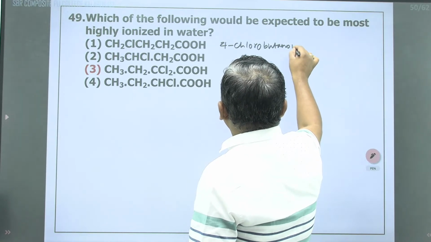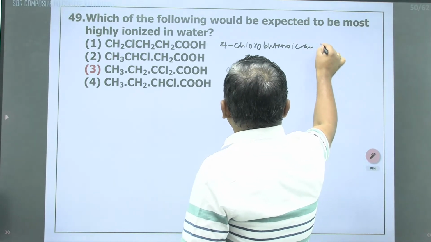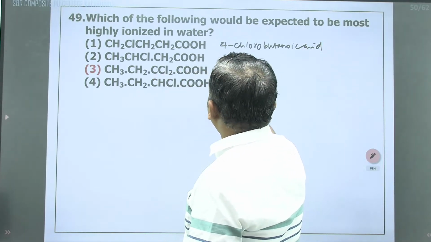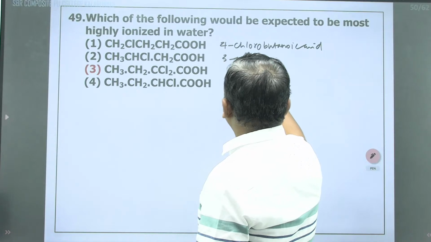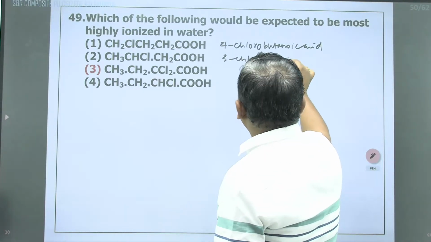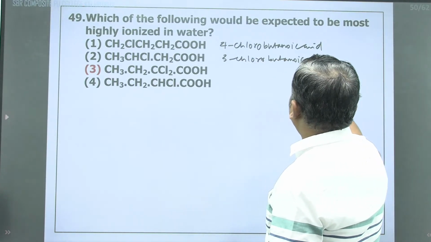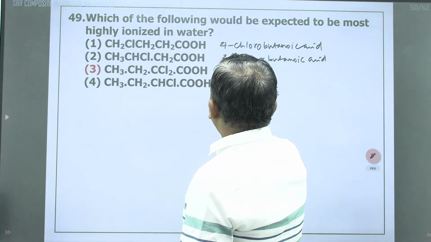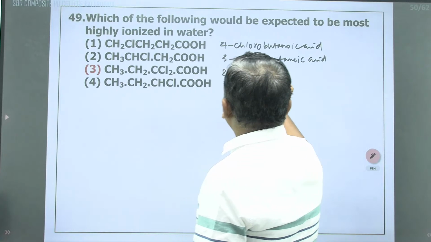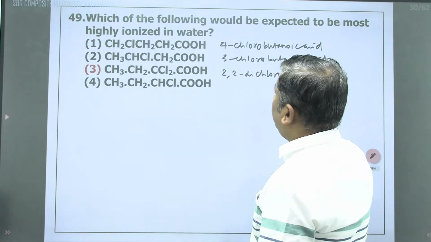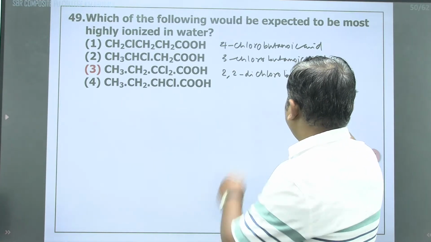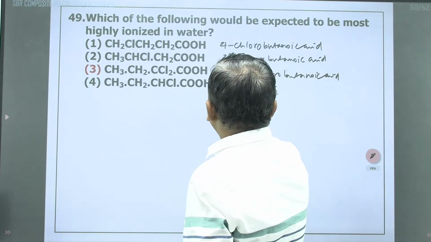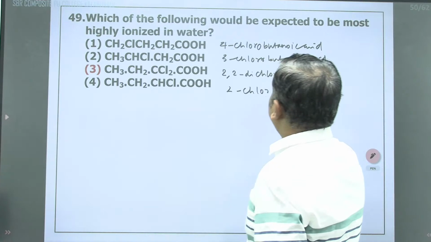Next compound is 3-chlorobutanoic acid. Next compound is 2,2-dichlorobutanoic acid. The last one is 2-chlorobutanoic acid.